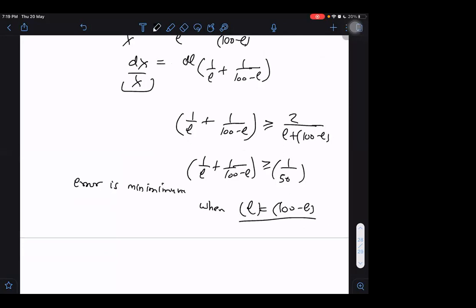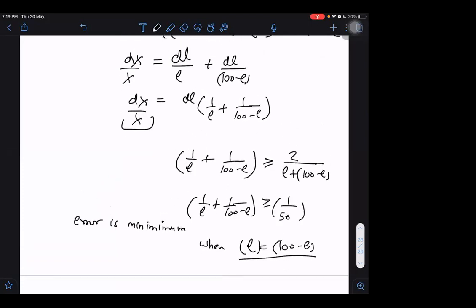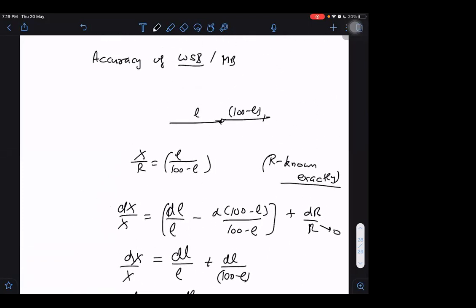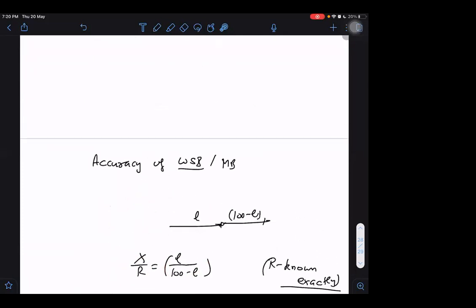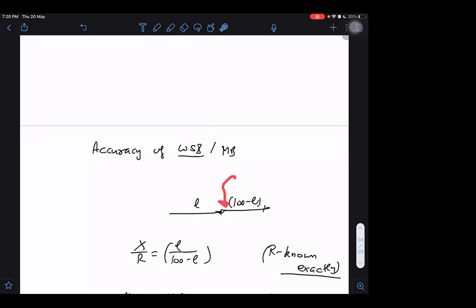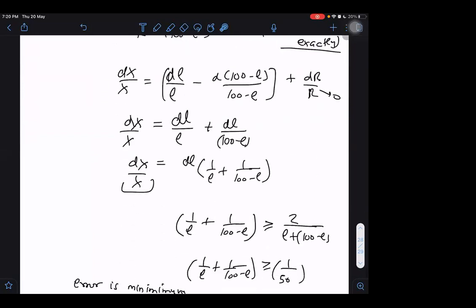So error is minimum when L is equal to 100 minus L. So our value will be more accurate, although the experiment is right only. Every time it is right only, but our result will be more accurate if the galvanometer shows null deflection not towards the edges, but somewhere in the middle. Okay, then the result will be more accurate. Is that clear?